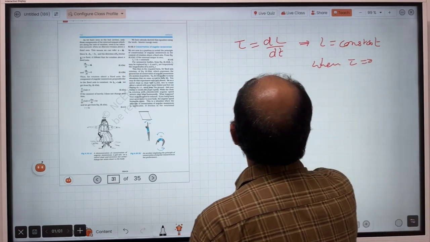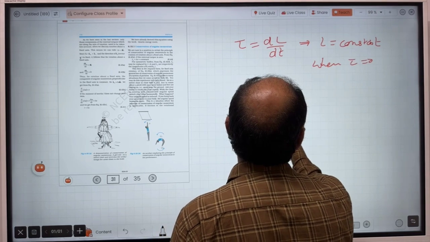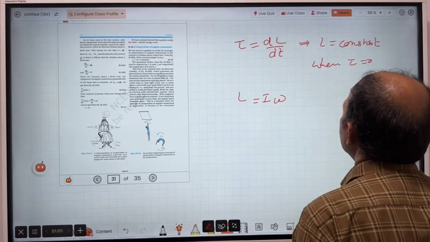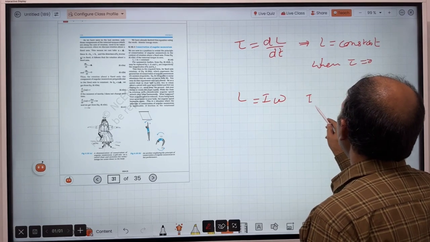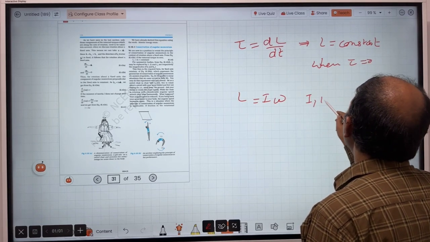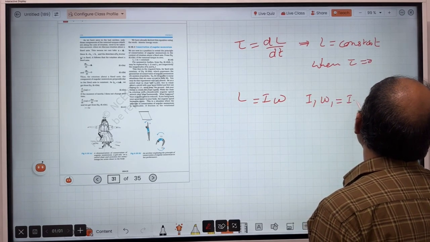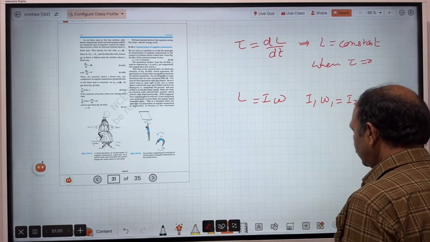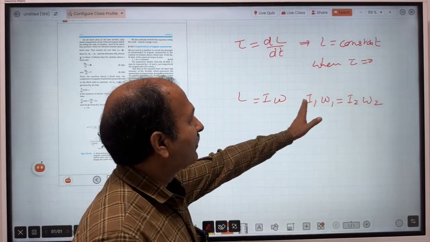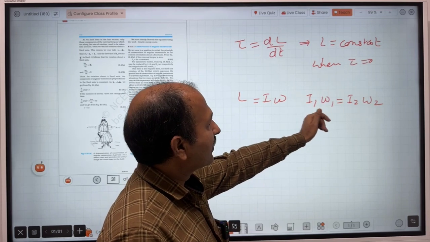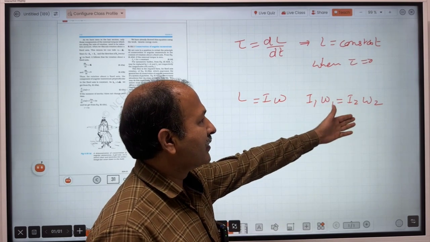But L equal to I omega. Now we will see different situations when L remains constant. In that case, we can generalize it: I1 omega 1 equal to I2 omega 2. What does this mean? If moment of inertia decreases, then omega will increase.